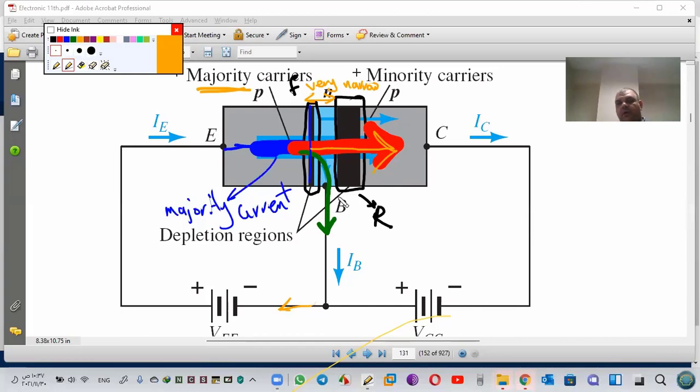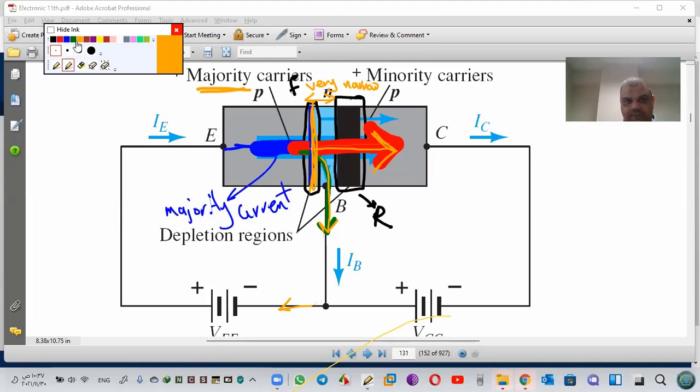Repeat. Emitter emits, sends majority carriers. They will arrive to this area. But because the depletion here is very small, the majority will continue. And because B is also small, the majority still continues to the collector. And a very small current of majority carriers will return back to B and to the base.